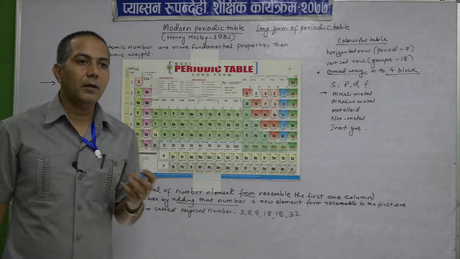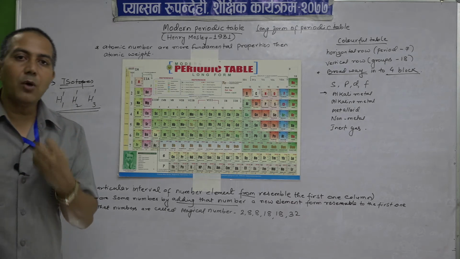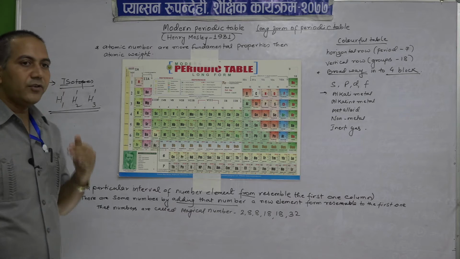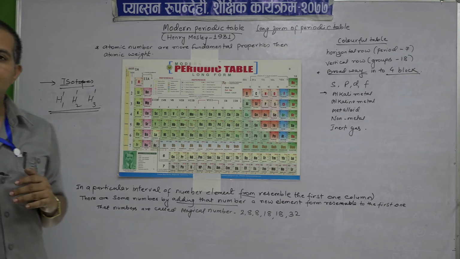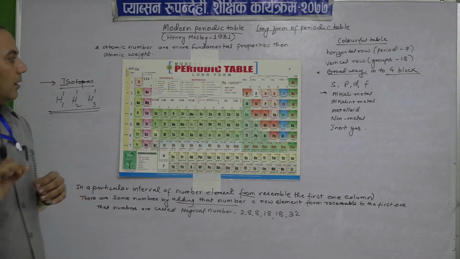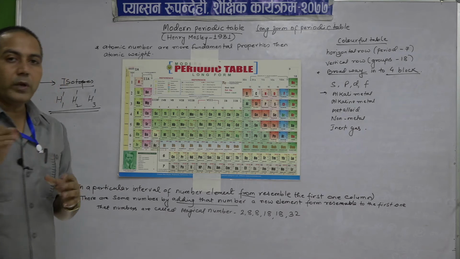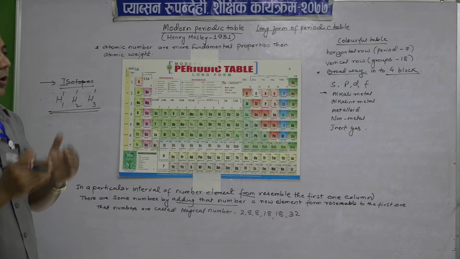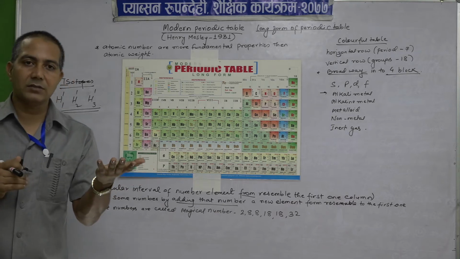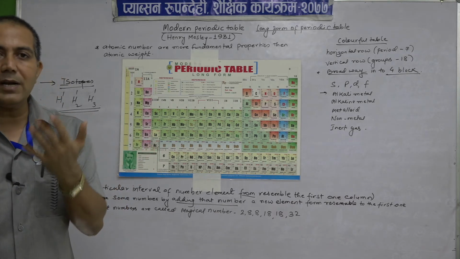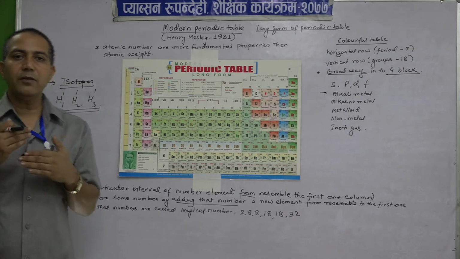Although it is based on increasing atomic masses, some elements which have lower atomic mass are placed after those of higher atomic mass. Yesterday I explained to you about cobalt and nickel, which are placed in different positions.